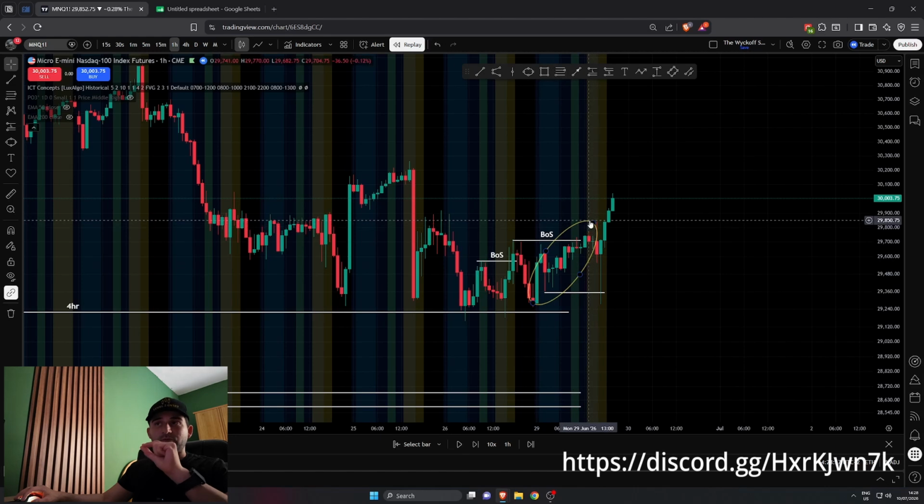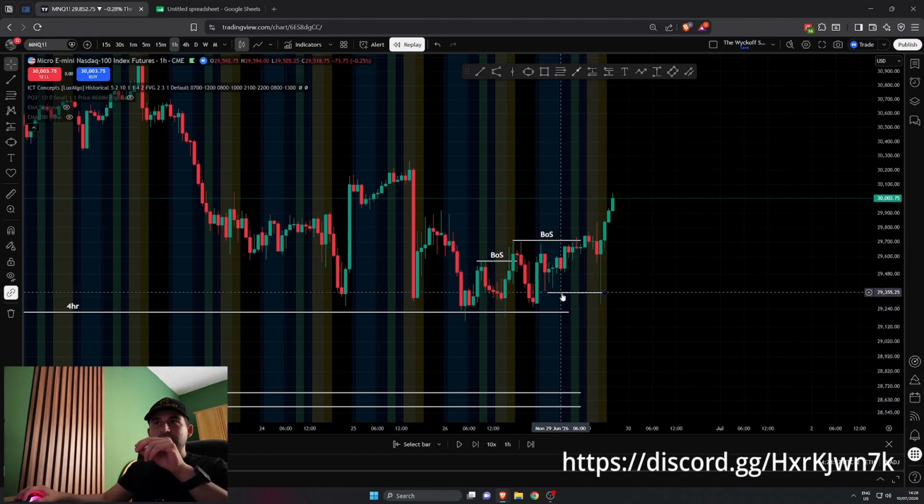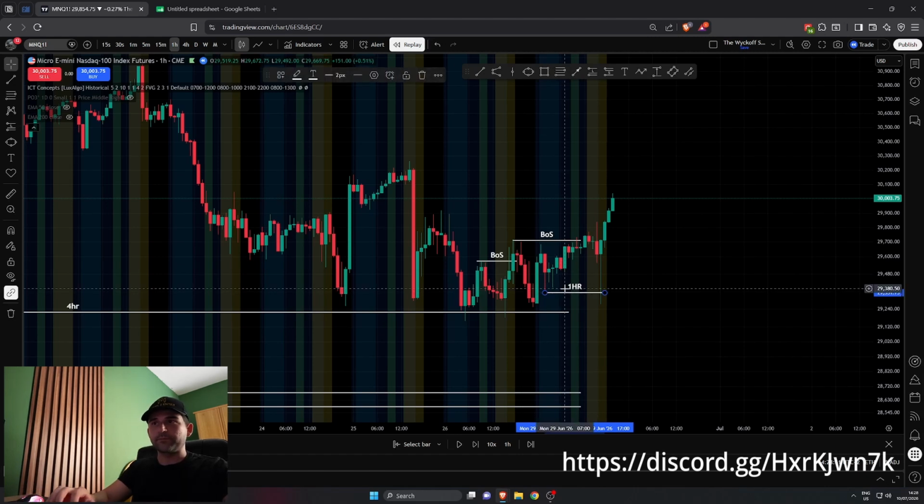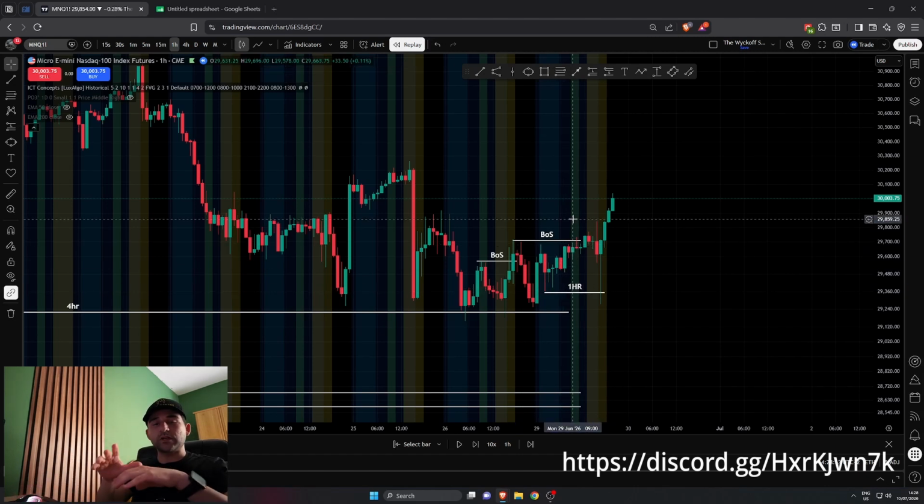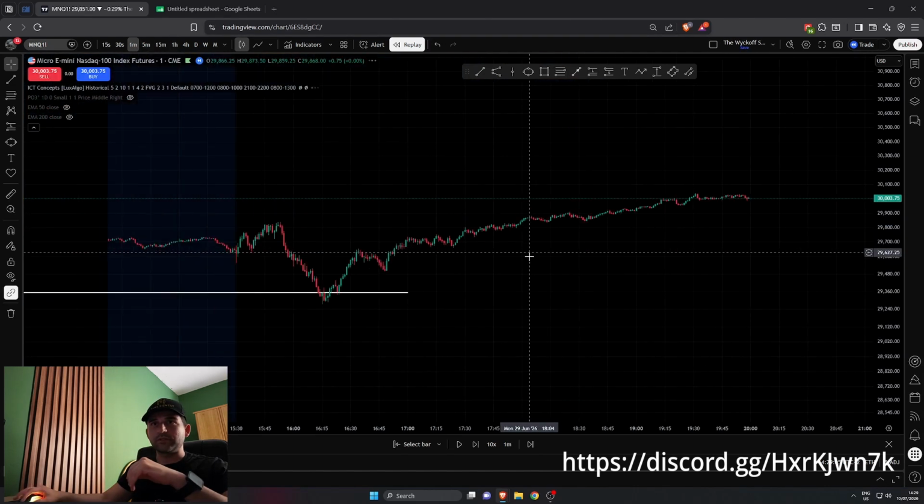From that consolidation on the 1-hour I will mark the key liquidity point, in which the one that most catches my eye is this one here, which I will name 1-hour. So when price goes below that 1-hour level that I have marked, I will wait to see how it falls, and then I will take the long entry. So let's drop to the 1 minute.